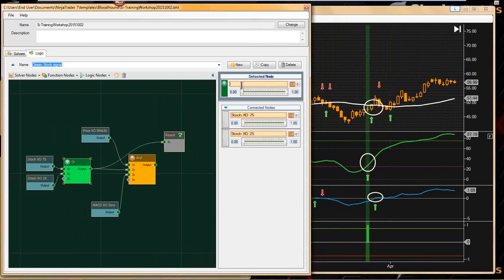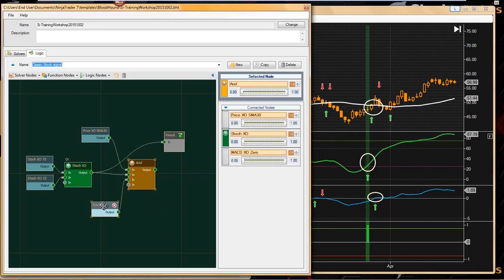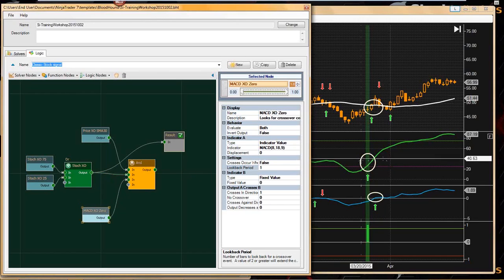And let me name this OR node. All right. So just a little tip here, you can name your logic nodes so you know what they're doing. All right, so I can see that what's coming out of this OR node is the stochastic crossover.